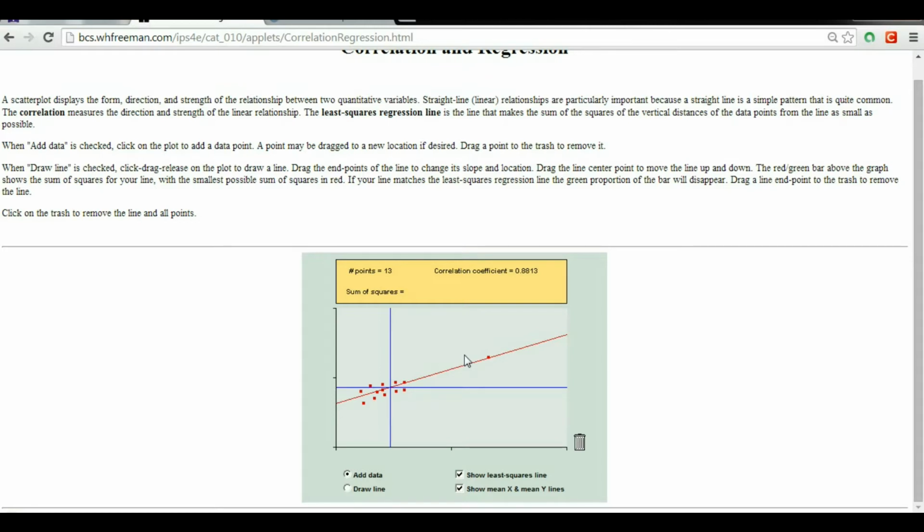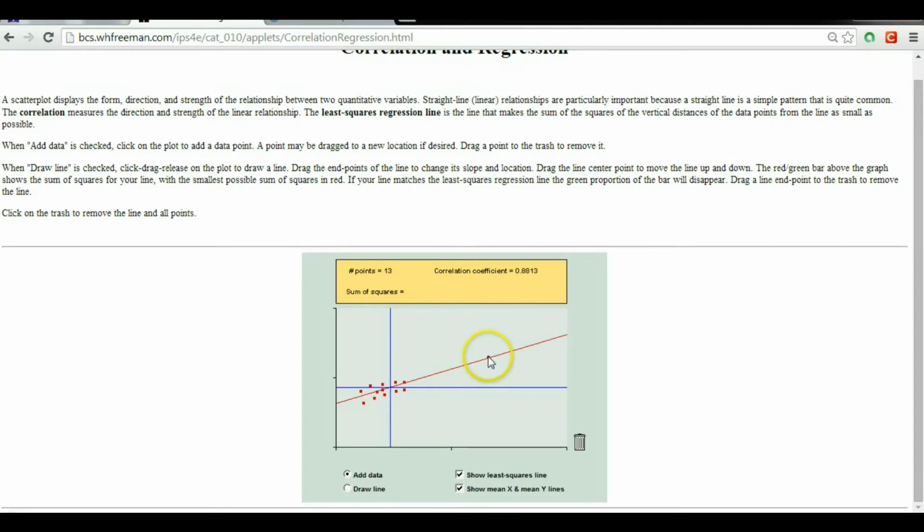Now notice this point didn't really change the line. It didn't influence the slope of the line, it didn't change the equation of the line in any significant way. However, it did change the correlation significantly. Matter of fact, the correlation increased by about 0.3, or a little bit more than that. Okay, so that's a high leverage point.